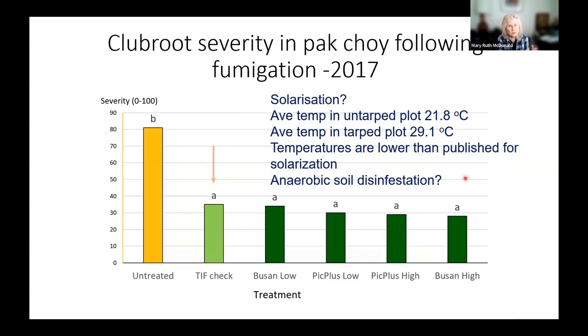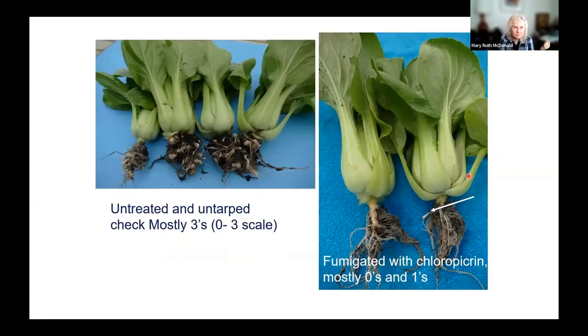But we're thinking that because we've got such high organic matter soils, we're getting some effects of anaerobic soil disinfestation. There's been a lot of interest in this approach in Europe, where most fumigants are not permitted. To my mind, it takes a lot of time and effort and resources, but if you don't have fumigants and there's a real problem, it could be a solution.